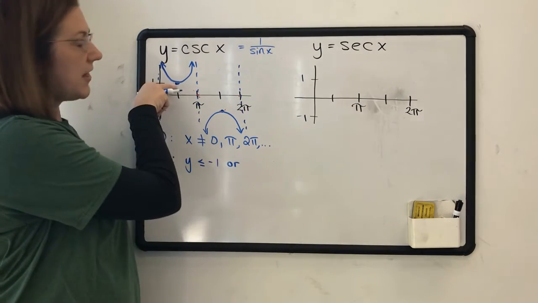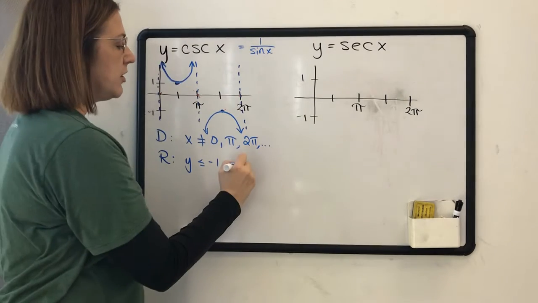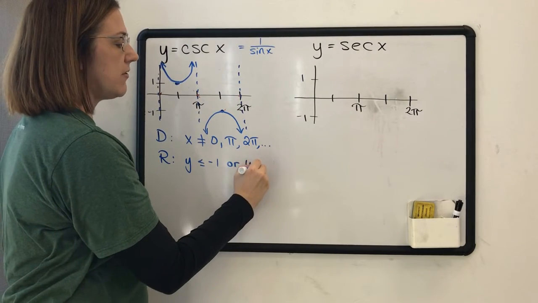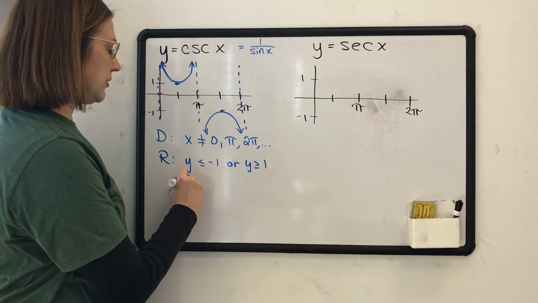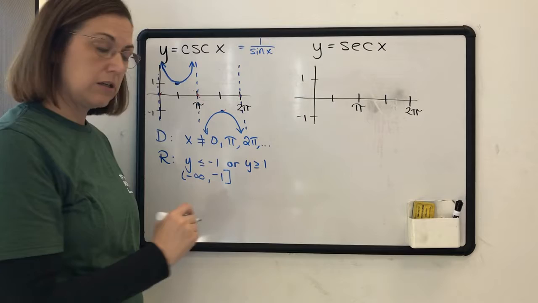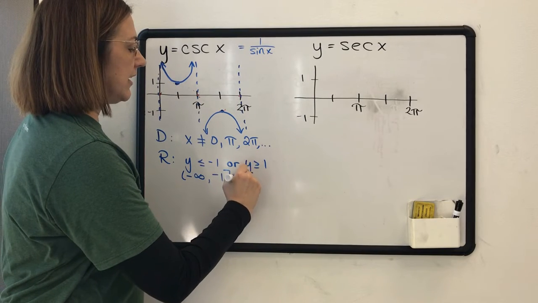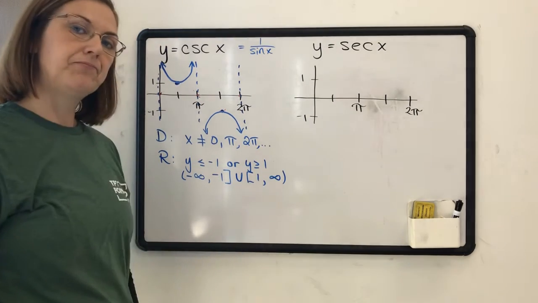Or, and then think about these y values. They're starting at 1 and going up. So we could say y is greater than or equal to 1. If you wanted to write those in interval notation, you would go -infinity to -1 with a bracket, and then you would do, again, 1 with a bracket to +infinity.